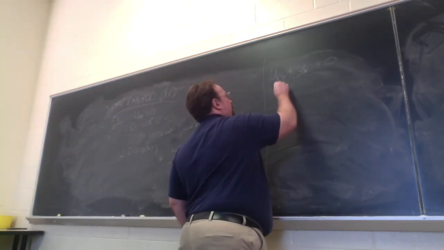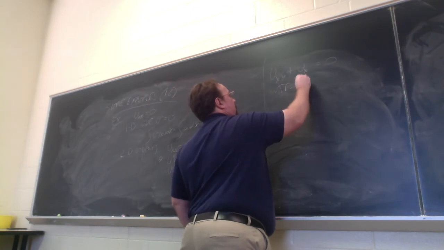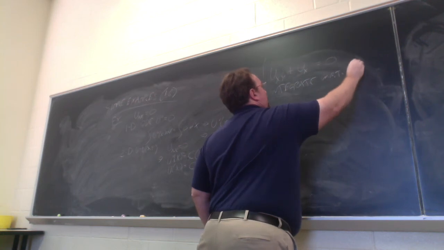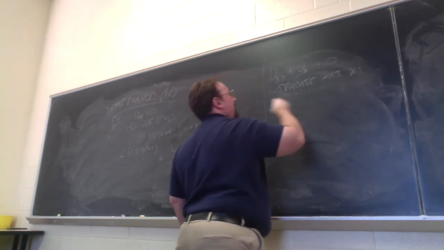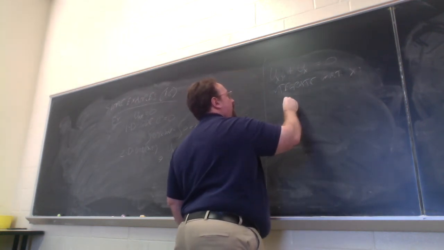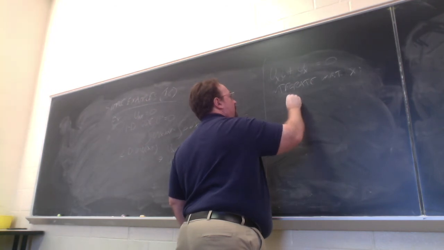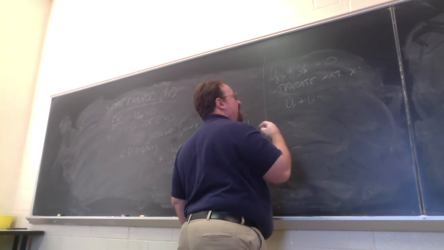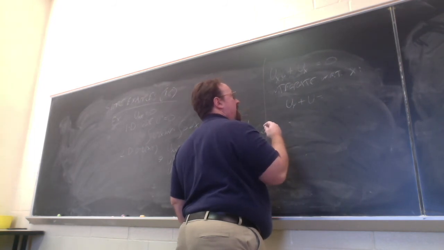So, well, what would that give us? Okay, well, first I'll write down what we're doing. So, integrate with respect to x. And what would it give us? That's the partial, uy plus u equals a constant, or a function of y?